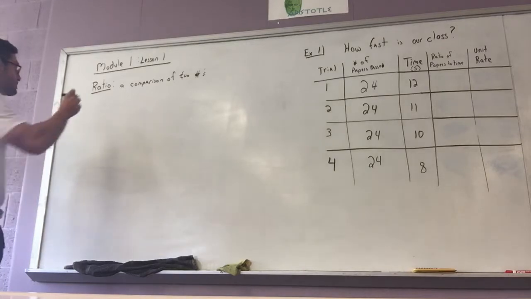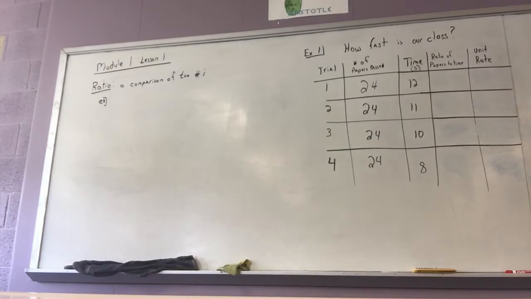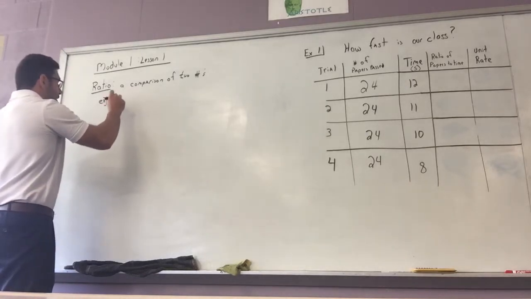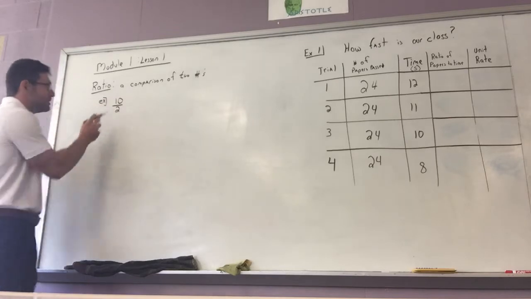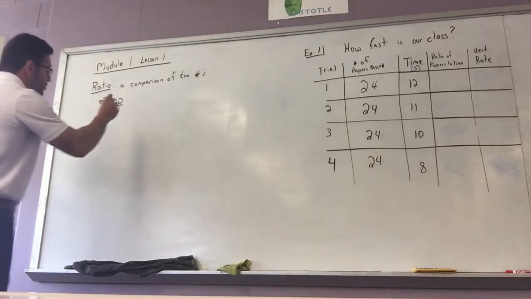You have seen this before. The most common way that we have seen it is what we've already done by writing fractions and simplifying them. Because you are going to be able to simplify a ratio. So we might have a ratio of 10 to 2, and that's how you would write or read that. Now, is that 10 divided by 2 as well? Absolutely. A ratio is a fraction.